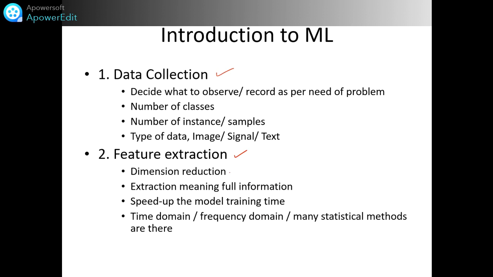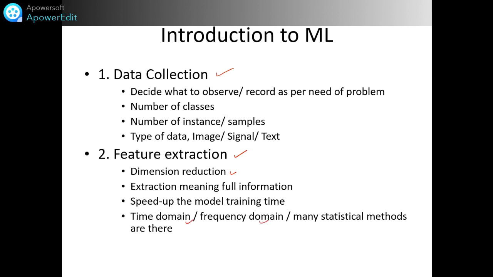So basically it is related to the reduction of the dimension of the data. We are converting our raw data into some meaningful information that is of very small dimension. So what is the benefit? It will speed up the training time of the model, and also the memory requirement to save the training data is less.